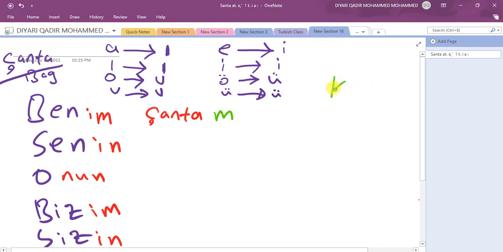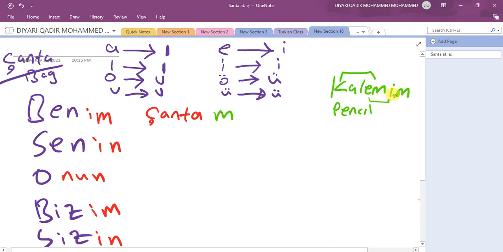If it was kalem, that means pencil, for this suffix I would say benim kalemim. Look, this E converts to I. The reason is that this word didn't end with a vowel, it ended with a consonant.